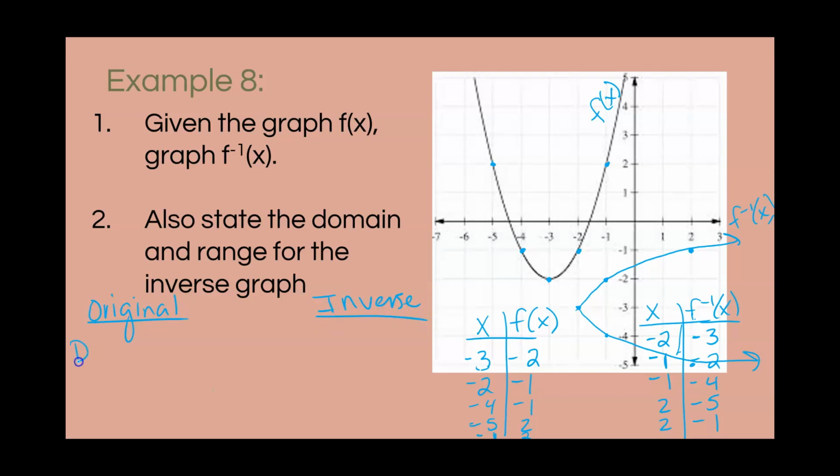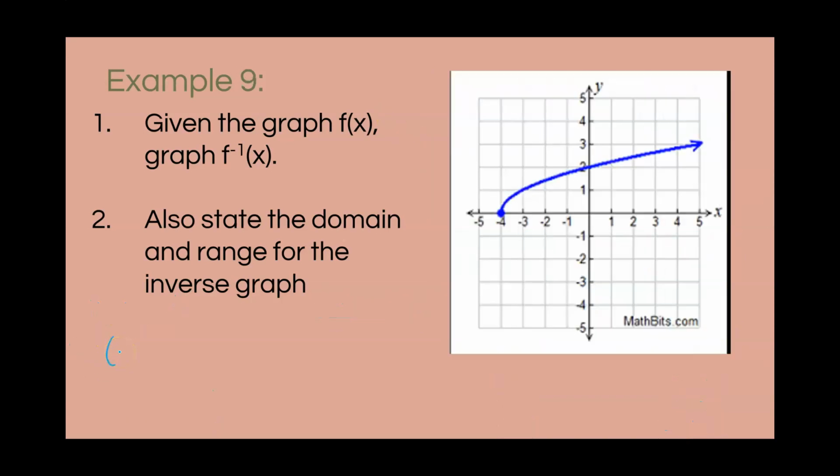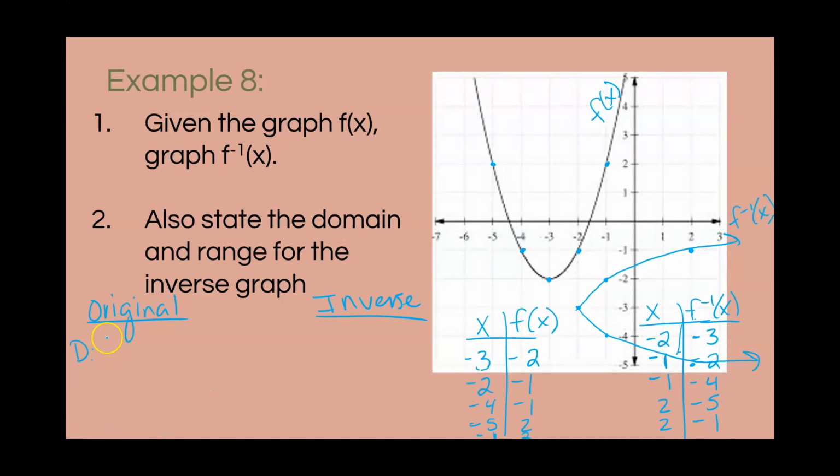Okay, so the original domain here, well, quadratic keeps going left and it keeps going right. So the domain here is -infinity to +infinity. Now the range, it starts at -2 and goes up, so it's going to be bracket -2 to +infinity.